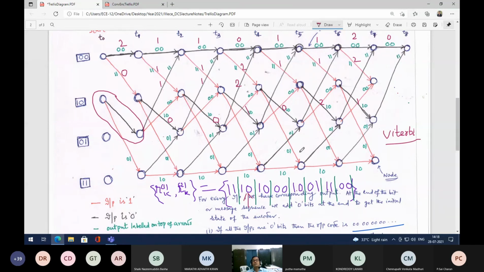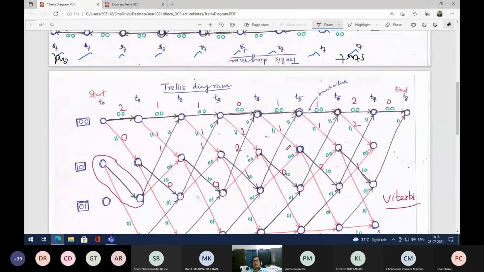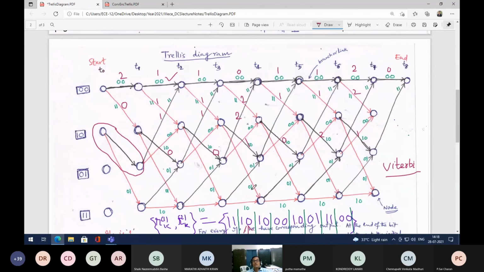You must have at least two diagrams. One is a trellis diagram with outputs, okay? The other trellis diagram with only the Hamming weights, the Hamming distances. You label it only with the Hamming distances so that when we are understanding the Viterbi algorithm, it will be easy for you.